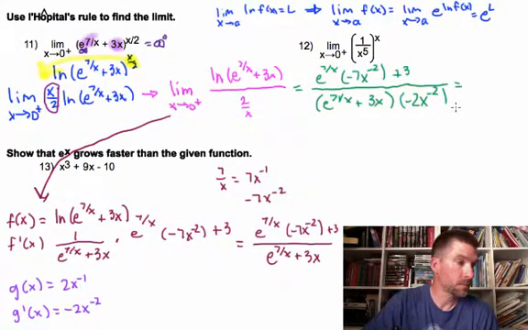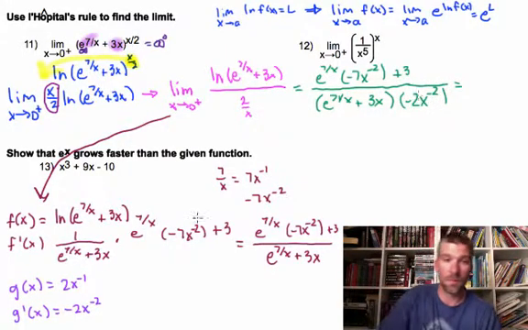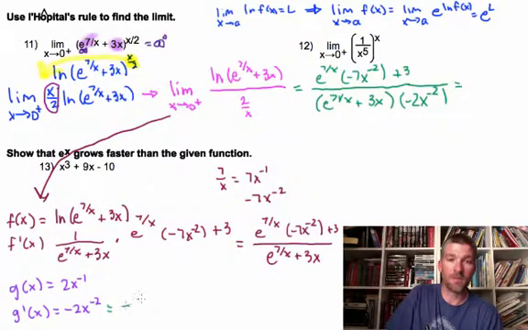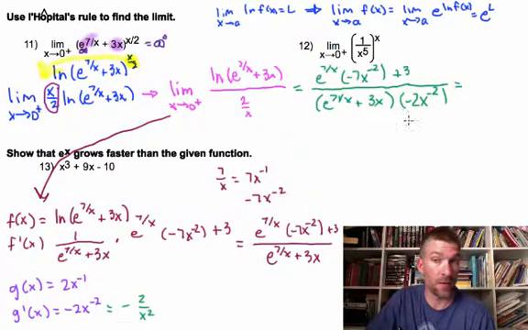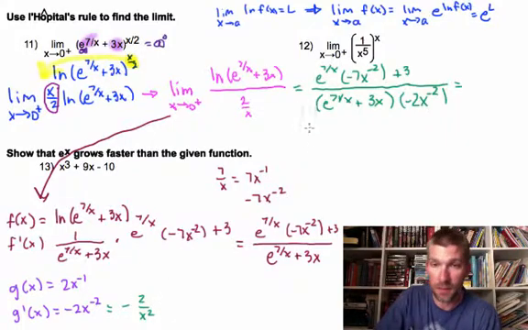Okay. And so what I'm going to do is clean this up just a little bit. All right. So if I have negative 2x to the negative 2, remember, this is saying negative 2 over x squared. All right. Maybe that'll help. I don't know. But what I do know is if I have this in my denominator, let me write it again.